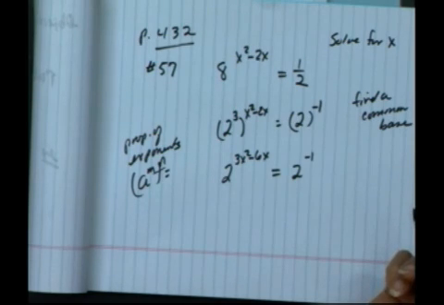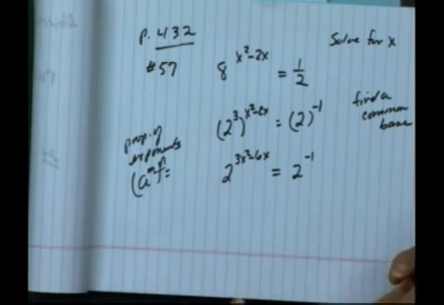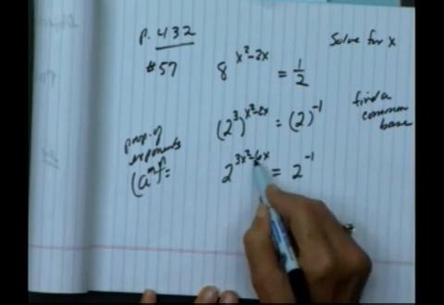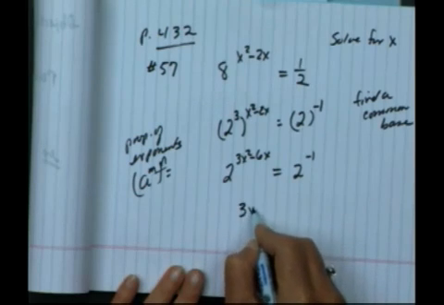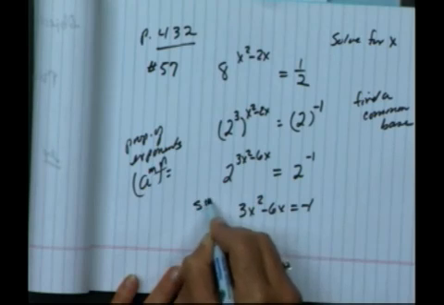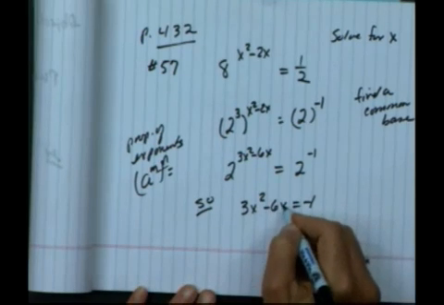All right. So you got to remember all your properties of exponents here. So now I can use the rule, the bases are the same, so I set the exponents equal.